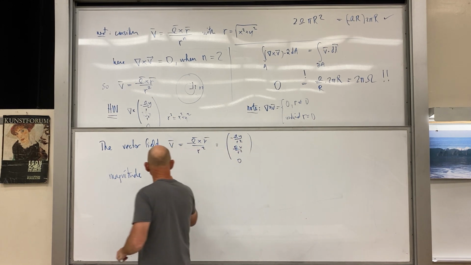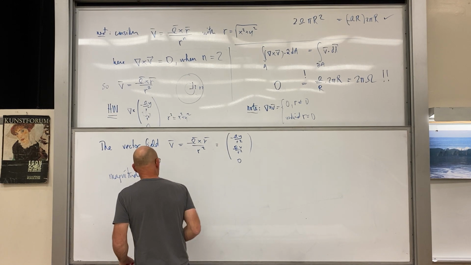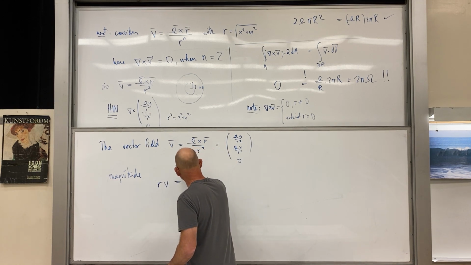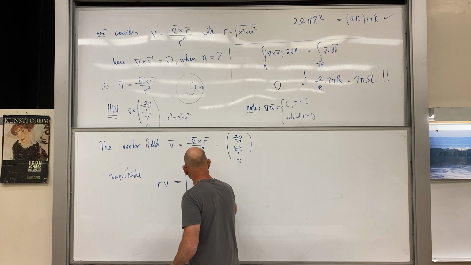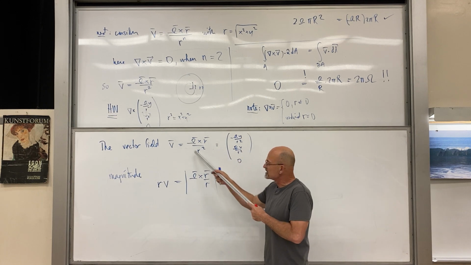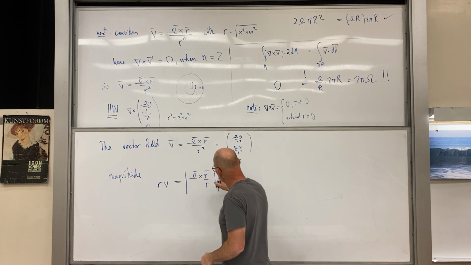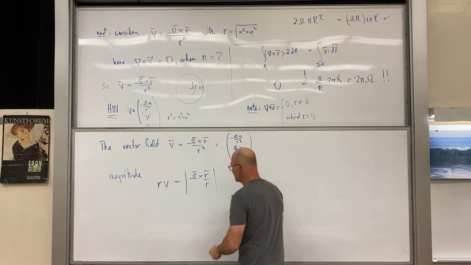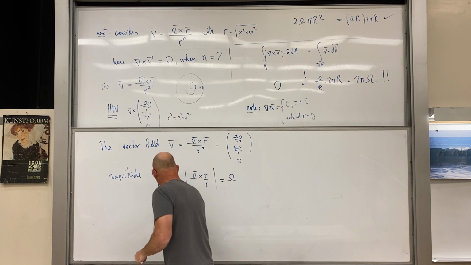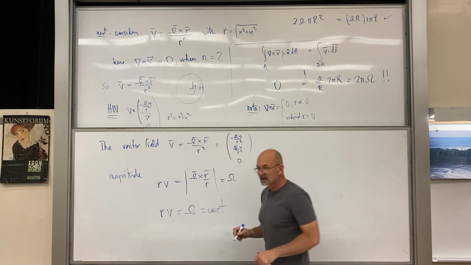So the magnitude r times v is equal to the magnitude of omega cross R over R. I just cross multiplied one of these powers of R over to the other side. The magnitude of this thing here is just a unit vector, directions are clear, so that is just equal to omega. So we have R times V is equal to omega, a constant.